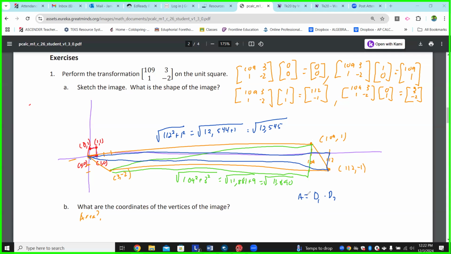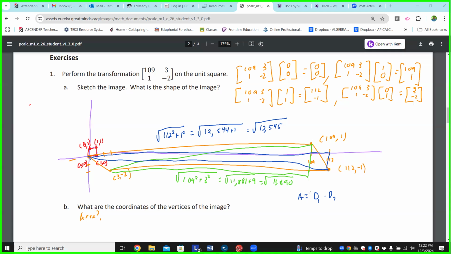That doesn't seem right either. I'm going to have to Google the area of a parallelogram. I'm pretty sure it's diagonal one times diagonal two.